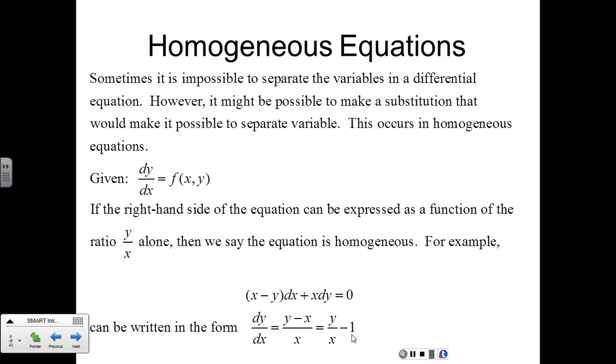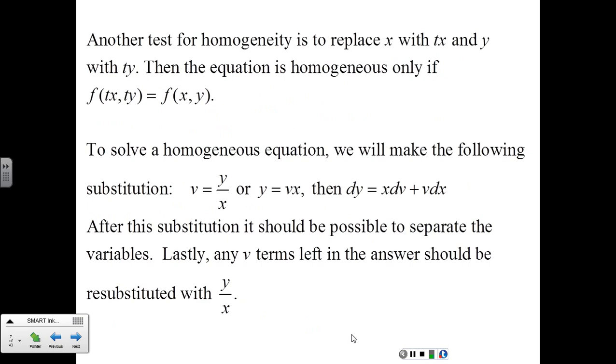That's a proof for a homogeneous equation. Another test for homogeneity is to replace x with tx and y with ty. Then the equation is homogeneous only if f of tx and ty will equal the same thing as your original function, by putting a t in there with it.